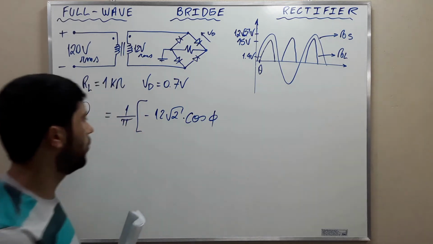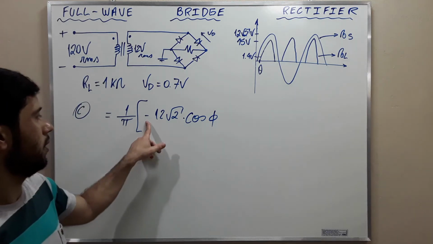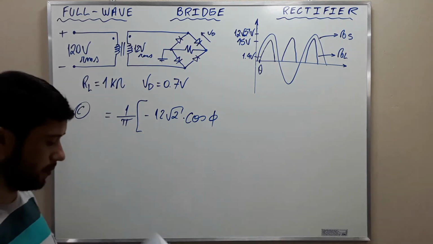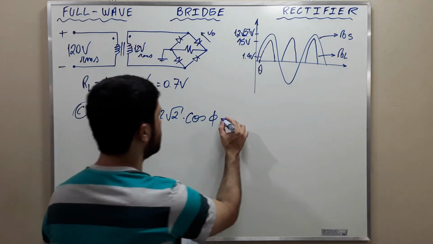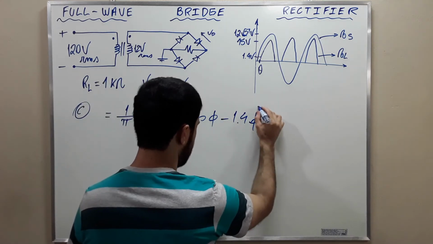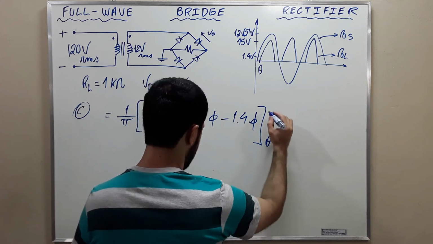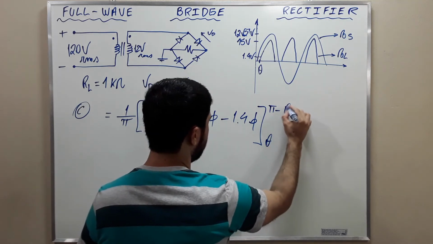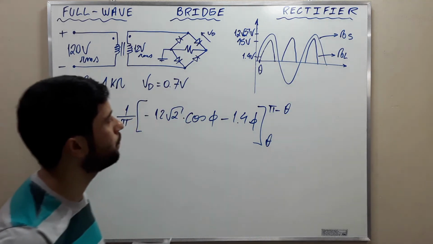Okay, when we integrate the sine, it becomes negative cosine, minus 1.4 phi, from theta to pi minus theta.